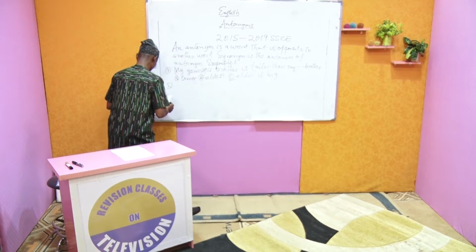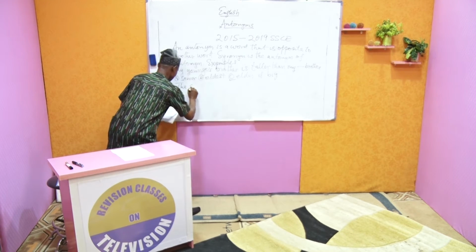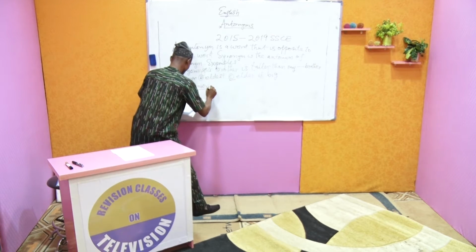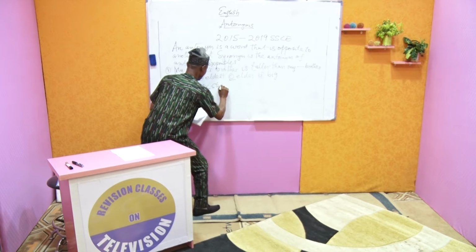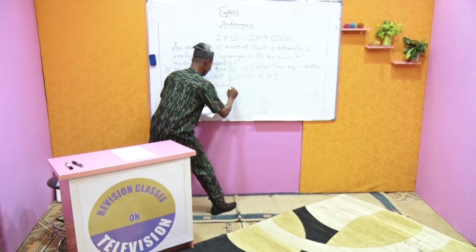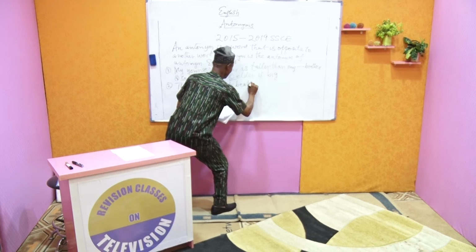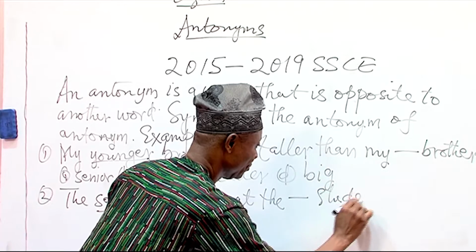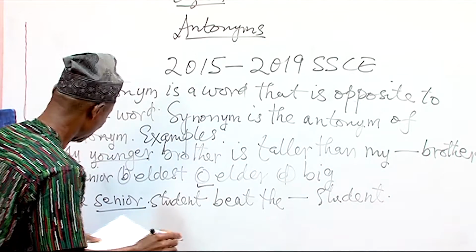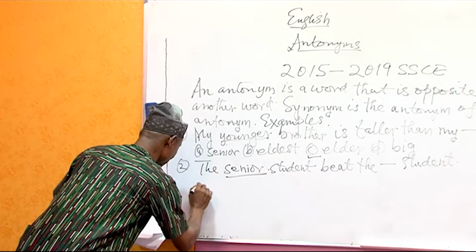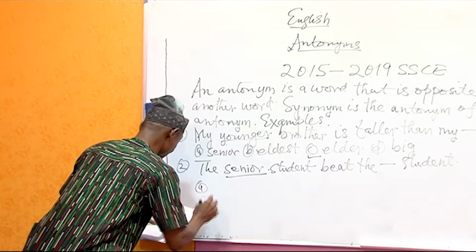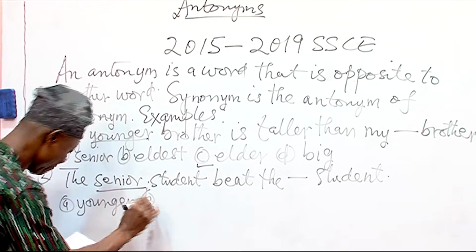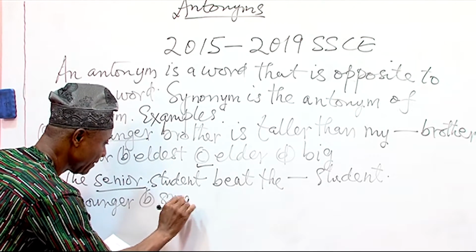In sentence 2, the senior students beat the Dutch student. The underlined word in the sentence is senior, and we have the following options: A, younger. B, smaller.